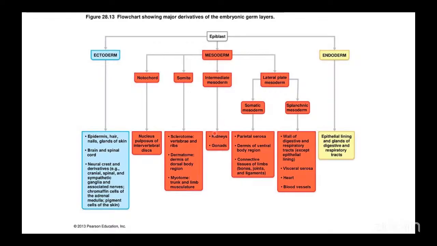Intermediate mesoderm, we said, is the genitourinary system, so the kidney and gonads are there. And then the lateral plate mesoderm is divided into two. You have your somatic and splanchnic, and you can see the derivatives here. All right, so somatic is on the outside, splanchnic is the one on the inside. Okay. Oh yeah, and then the endoderm will give you the epithelial lining of digestive and respiratory tracts.